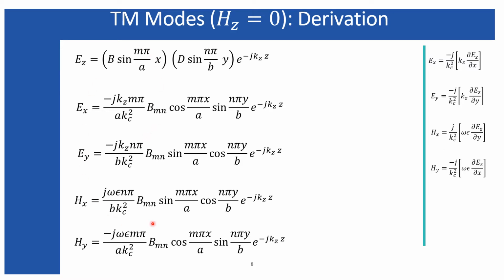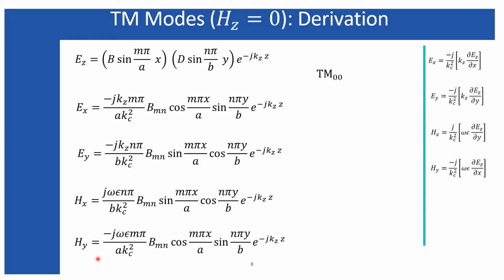So finally, performing all these calculations, I have obtained the total 5 electric and magnetic fields, where 3 are electric fields and 2 are magnetic fields, because the other magnetic field, that is the longitudinal component Hz, I have assumed equal to 0 for TM mode.